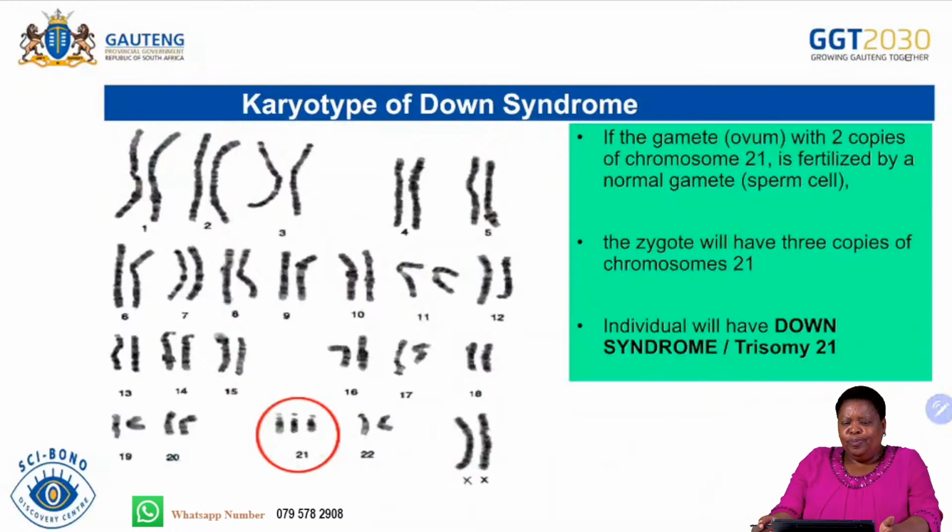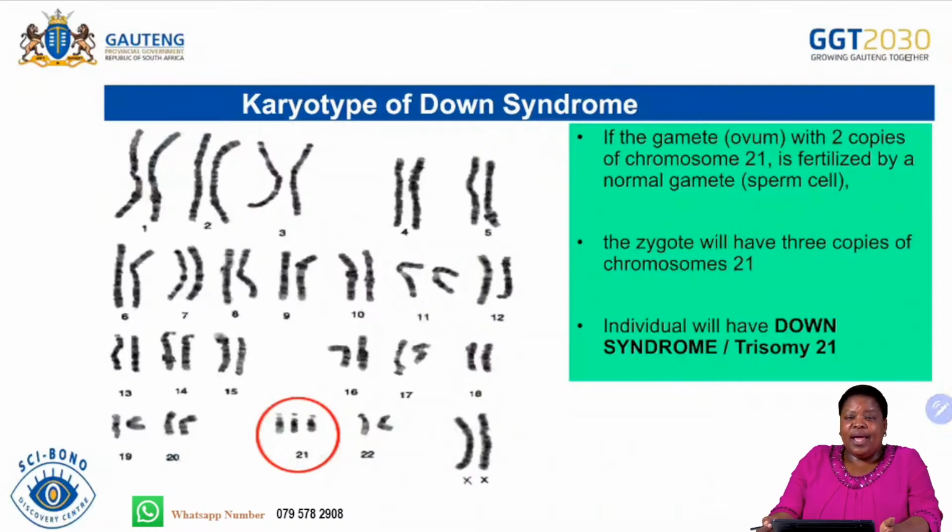Let's continue. Now remember, we have indicated that non-disjunction can lead to Down syndrome. What is Down syndrome? I've spoken about the karyotype, which has 46 chromosomes. Now I'm going to literally count these pairs to check how many there are.